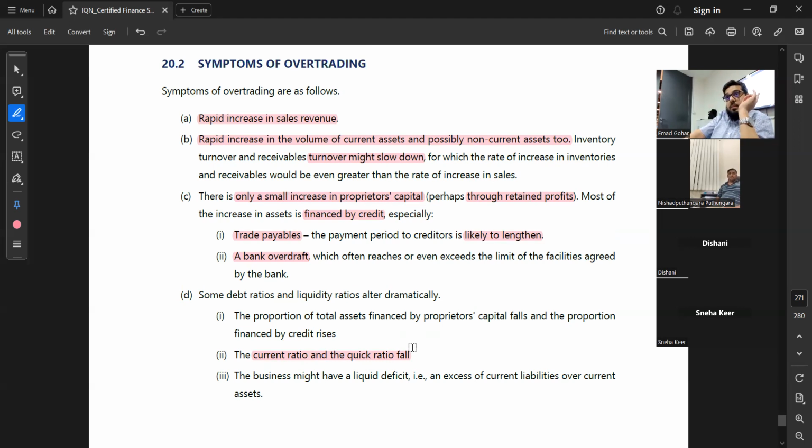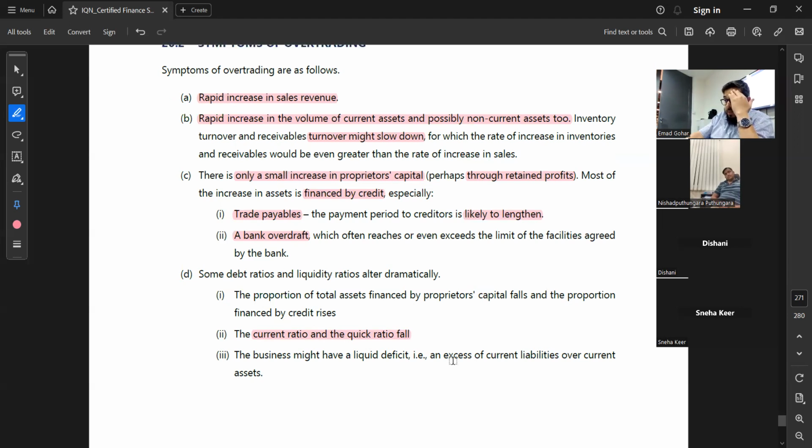Over trading means what? Under capitalization. Current ratio is less than 1. And the opposite is over capitalization, which we studied above. What is over capitalization? You have too much stuck in the assets unnecessarily, right? So that is a different situation.